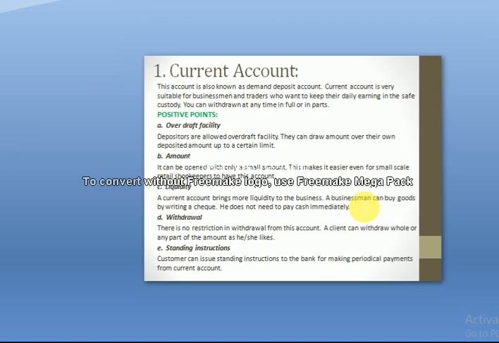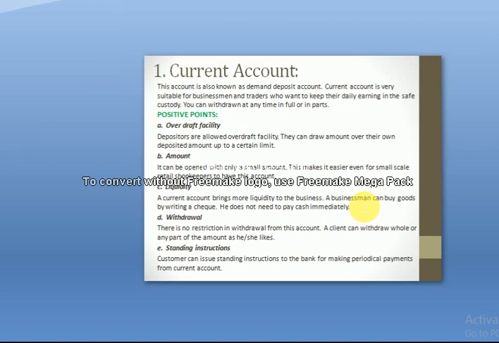Current account is also known as a demand deposit account. Mostly in current accounts, no interest is offered by the bank, nor do customers want interest.